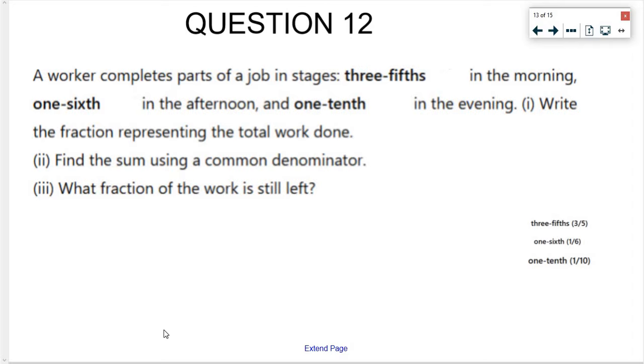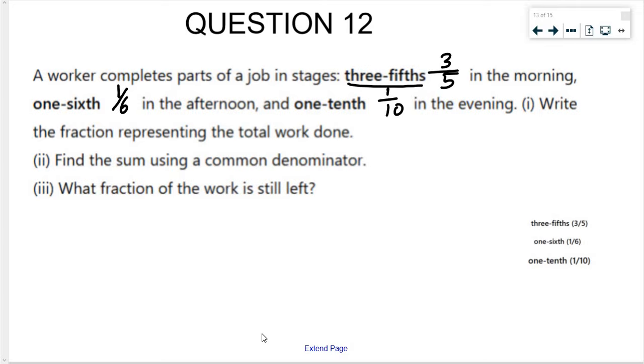A worker completes parts of a job in stages. 3/5 in the morning, 1/6 in the afternoon, 1/10 in the evening.